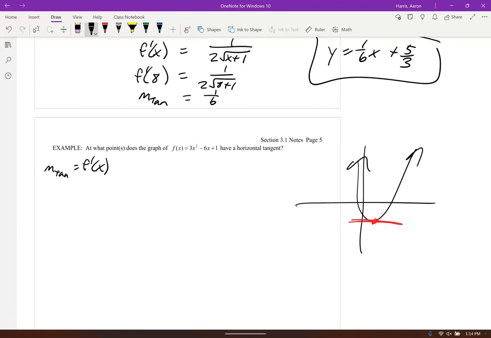This has to be 0, right? So we're going to just work the right-hand side down to our derivative function, and then set that equal to 0 and solve for x. And then we'll know at what x value I have a slope of 0. Slope of the tangent 0.